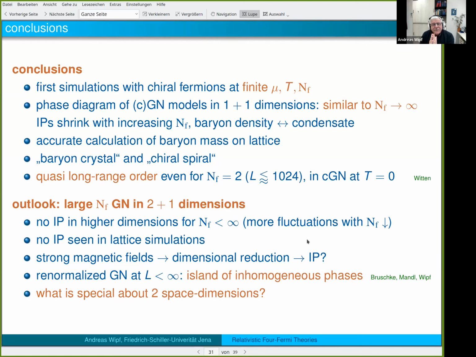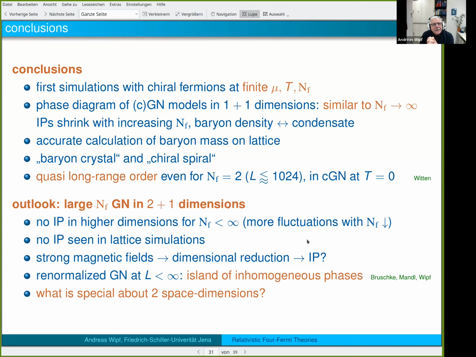That's expected, because if you increase the number of flavors, you have less fluctuations in the fermionic sectors. It's just wrong here. It should be the other way around. The inhomogeneous phase shrinks with decreasing number of flavors, because if you decrease the number of flavors, the fluctuations increase, which destroys order.